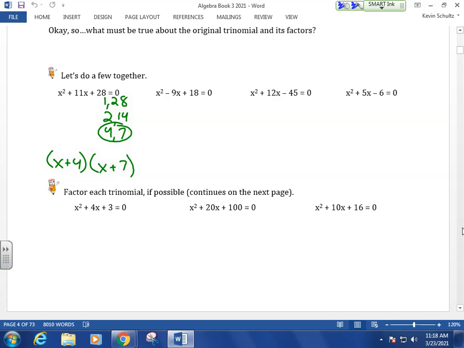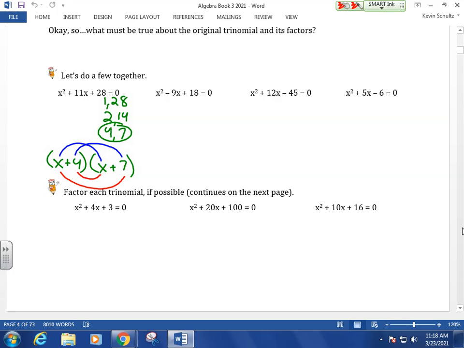Just using old man FOIL here. X times x gives me that x squared term. 4 times 7 gives me my constant term 28. And then that 11x comes from combining my inside and outside. 4x plus 7x gives me 11x. That's a good old man FOIL right there.